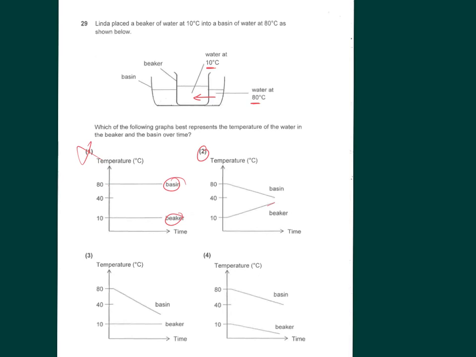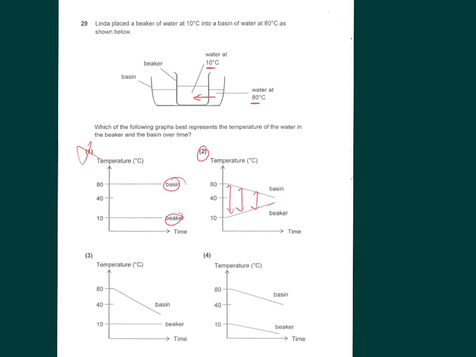Now, one thing I must let you know is that heat transfer will occur in a way that the temperatures of both the hot side and the cold side will approach each other. That means it gets nearer and nearer. You realize that the temperature gets nearer and nearer to each other, but it will never meet. It will approach very close to each other, but it will not meet.